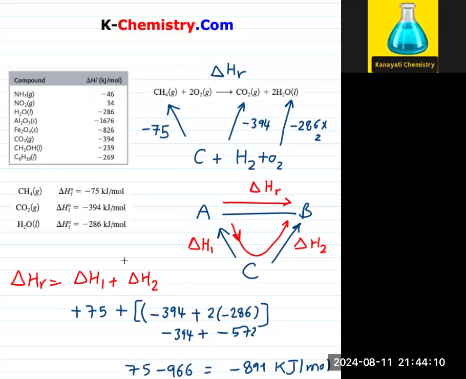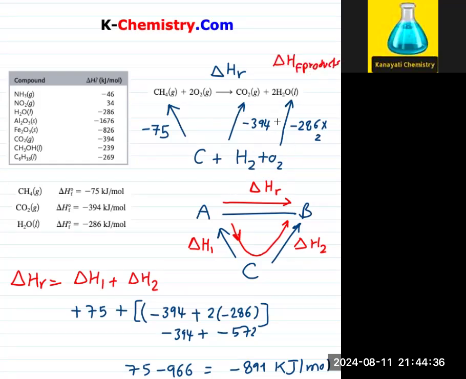One more thing is that if you want to find this in an easier way, to make things simpler, you have calculated the delta H of the products. So this part, which is the minus 394 and minus 286, is the delta H of formation of the products.